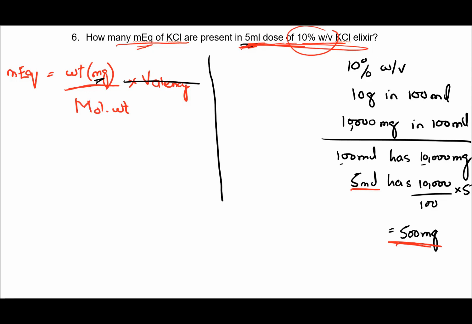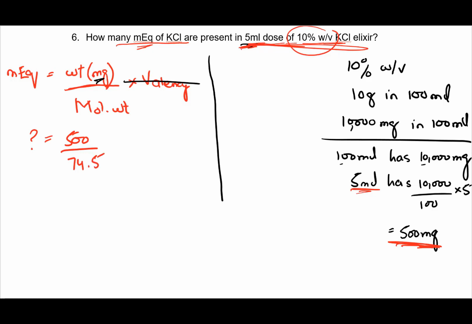Now once I know how many milligrams are present in that 5 mils, I can work out how many milliequivalents are present by using this equation. So coming back to this equation, we plug the values in. Milliequivalents I have to find out, weight in milligrams I have, and molecular weight of KCl, which is actually not given here, it's 74.5.